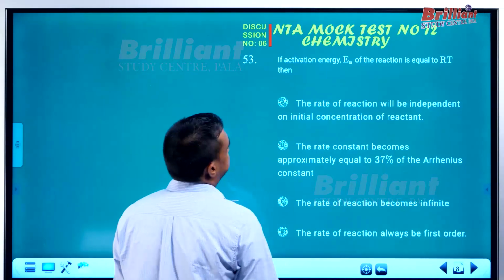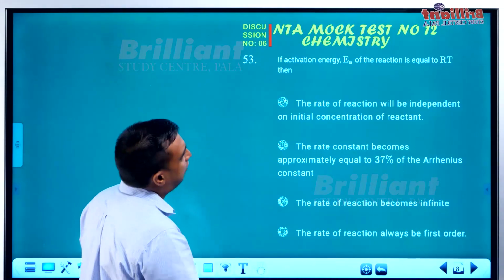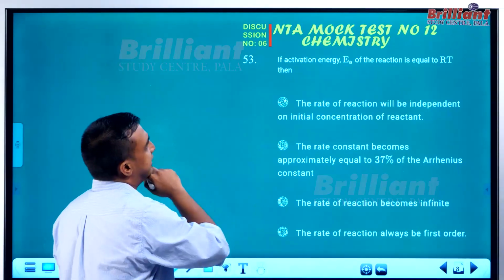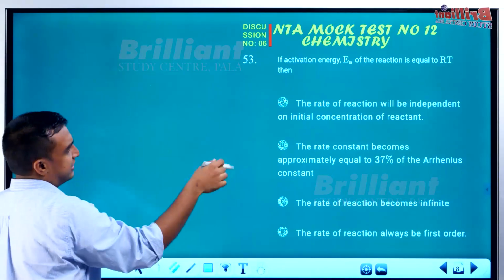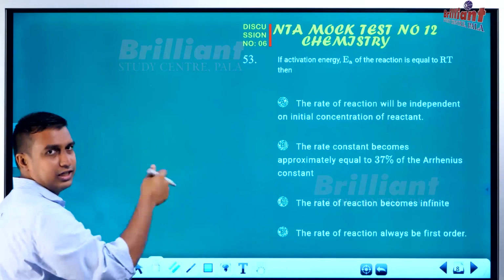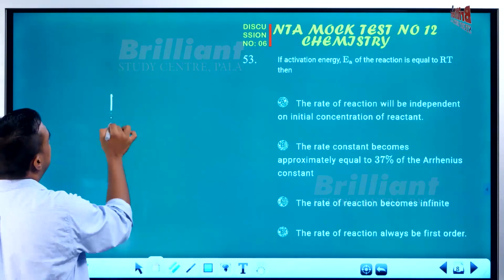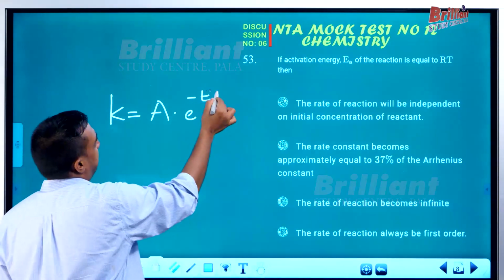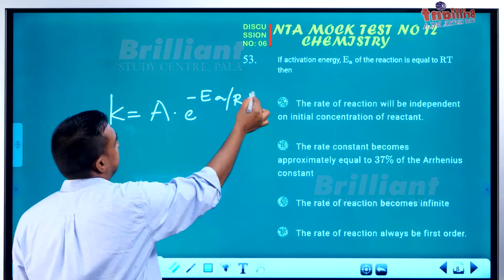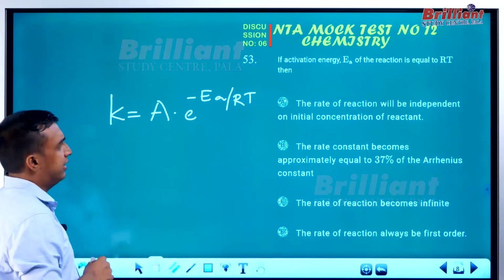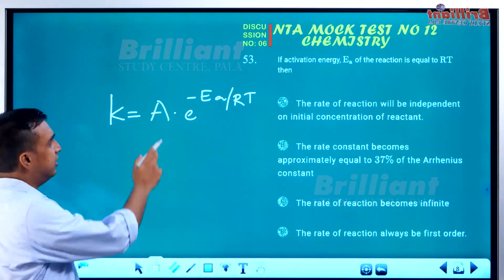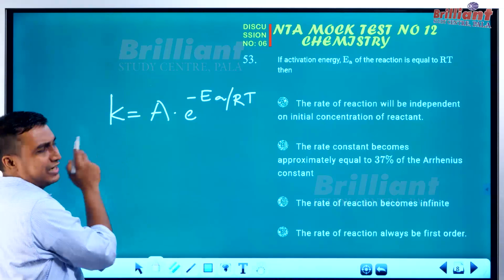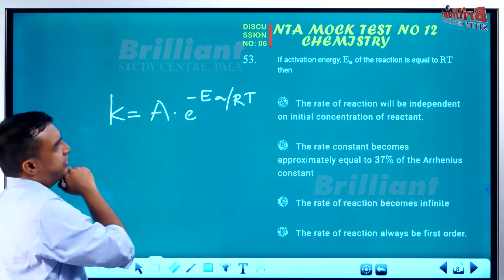53. If the activation energy EA of the reaction is equal to RT, then what is the relation for the rate constant? We know that K is equal to A into E raised to minus EA by RT. This is a relation where A is called the Arrhenius constant, K is my rate constant, and EA is my activation energy.